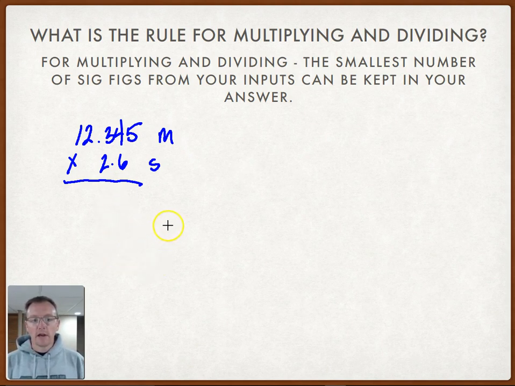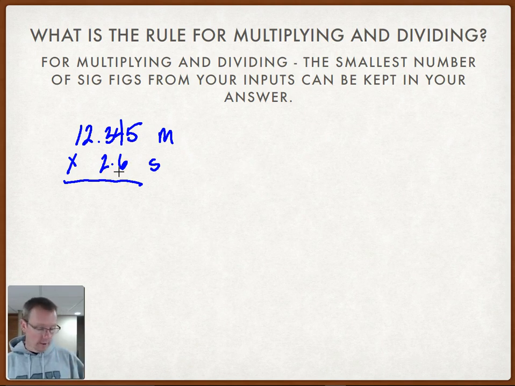So our answer is going to have units that are meters times seconds. So that's not really all that important for this. But I just want you to see what sort of uncertainty we have here. If I go ahead and multiply this out, I end up with a value that looks something like, and I can do this by hand if I wanted to, but I'm not going to do it by hand.